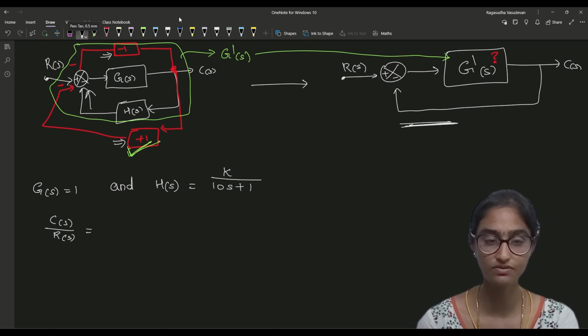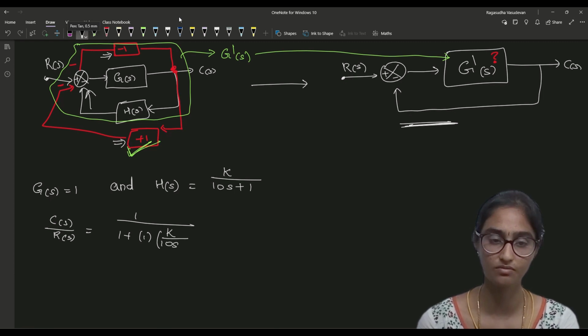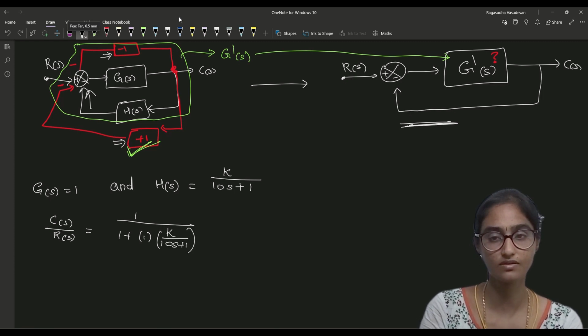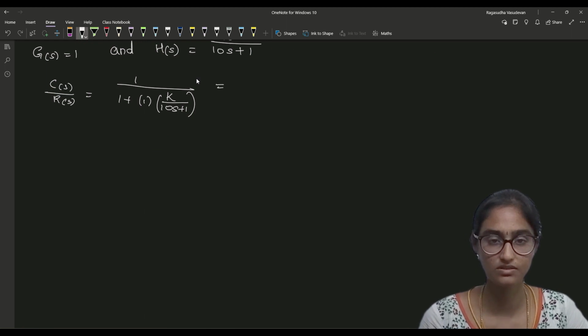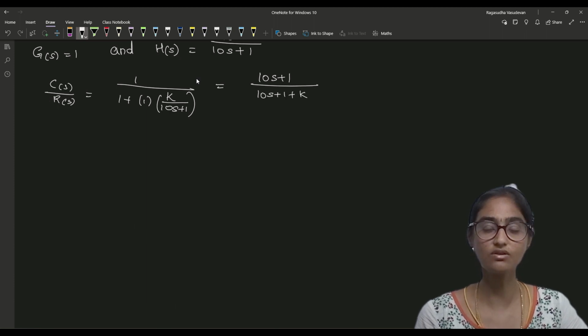The natural transfer function of this system would be G(s), which is 1, divided by 1 plus G(s) into H(s), which is the basic formula. Let us simplify this. We get 10s plus 1 in the numerator, and in the denominator it will be 10s plus 1 plus k. So this is the modified transfer function.